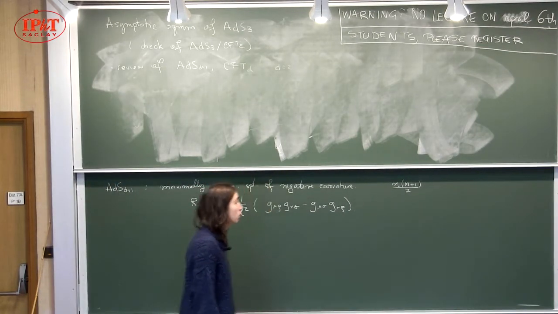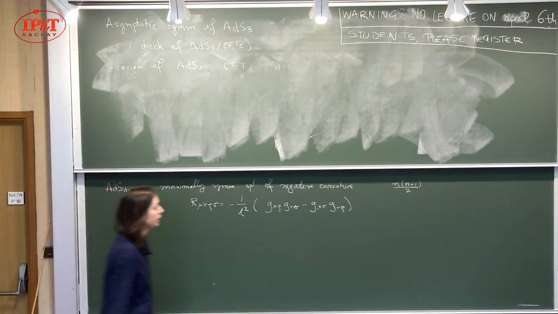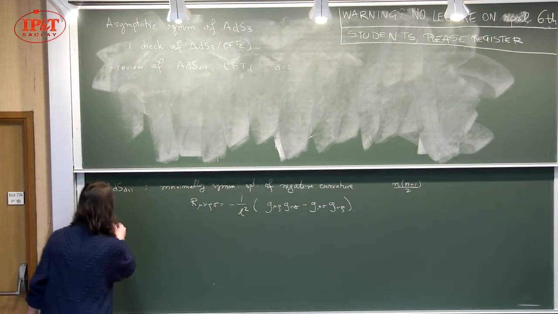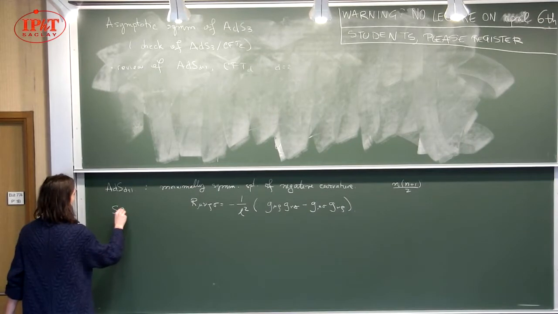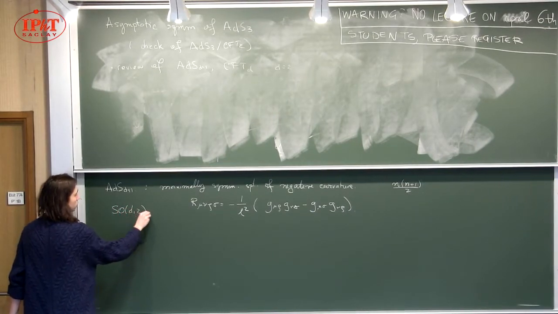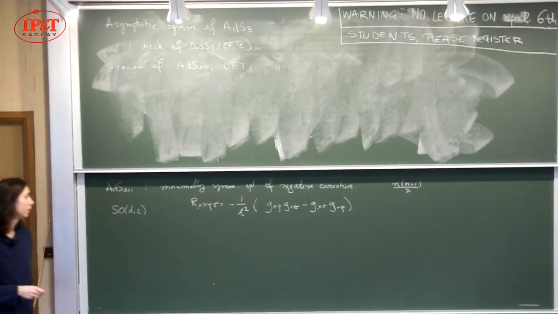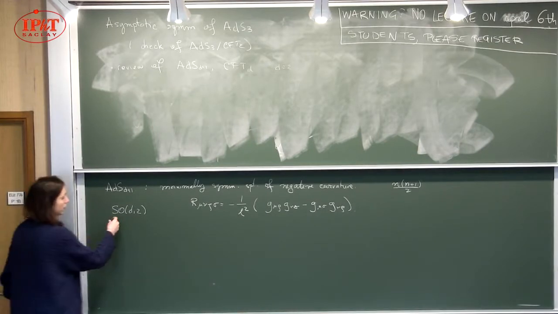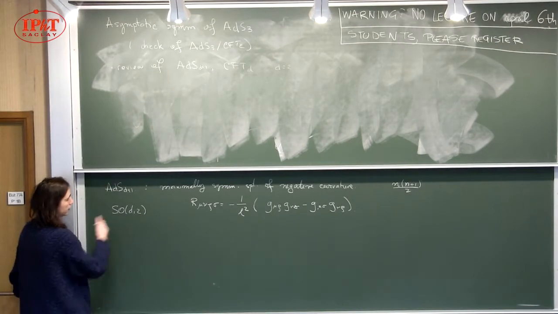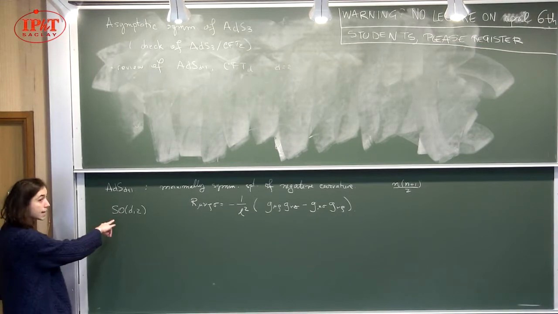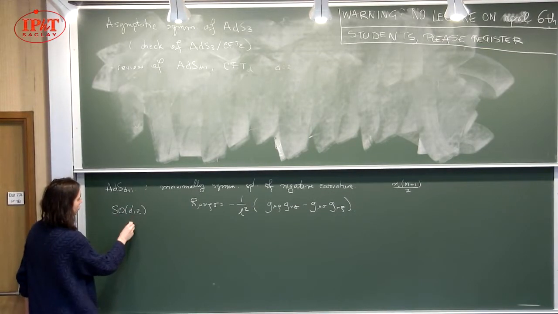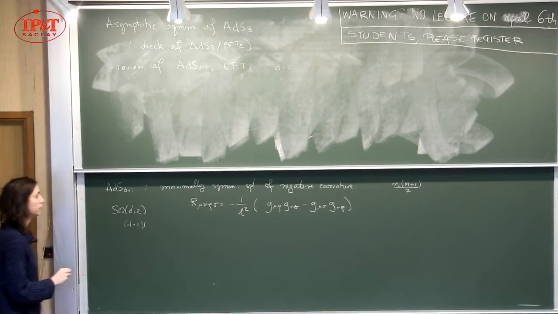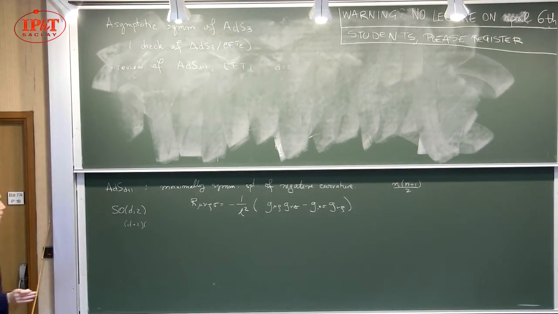The isometry group of anti-de Sitter space in D+1 dimensions is SO(D,2). You can check by counting the generators.